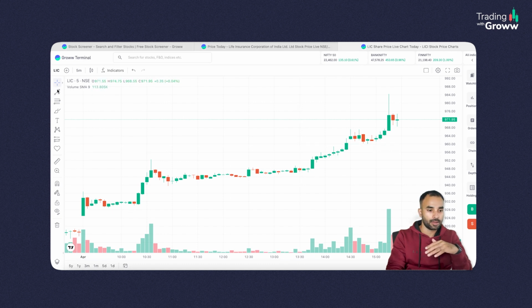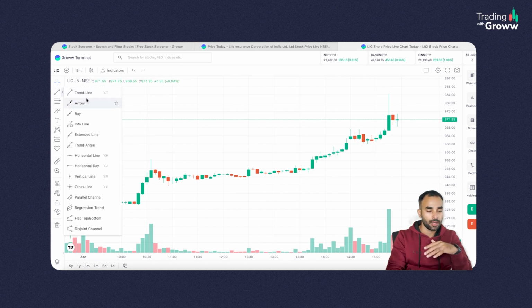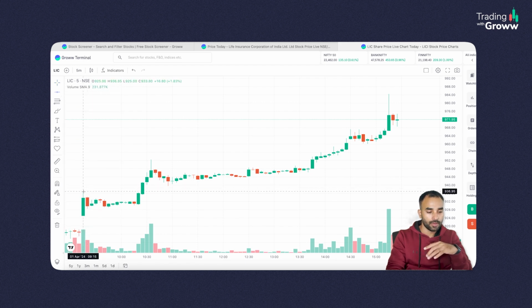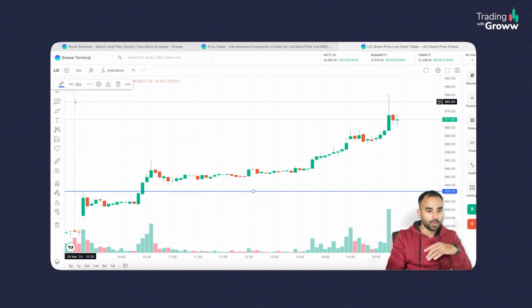Let me show you the range here. With respect to LIC, the first 15 minutes is these first 3 bars. I'm going to mark the high and low of these first 3 bars. This is the high, and this is the low.